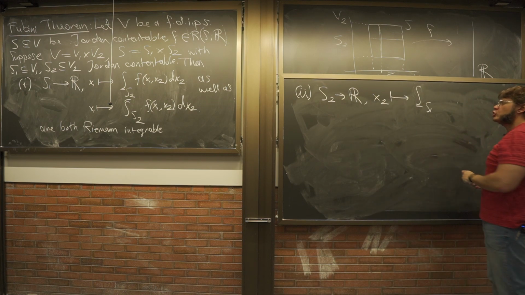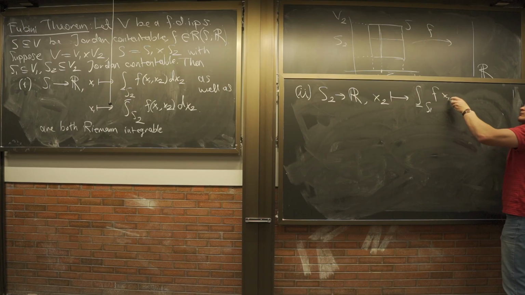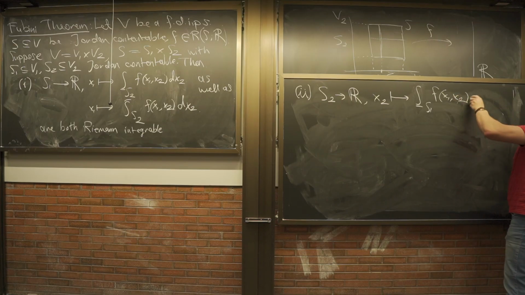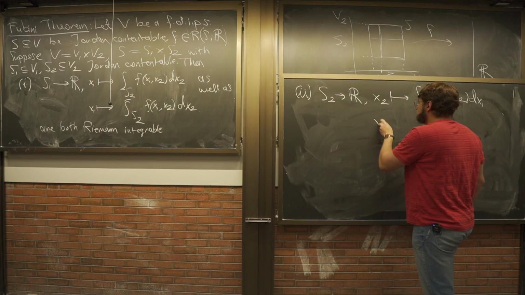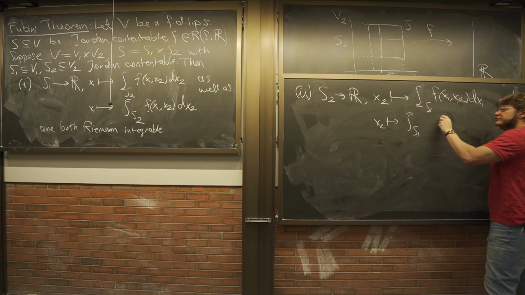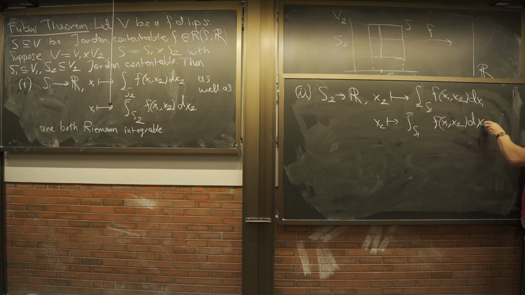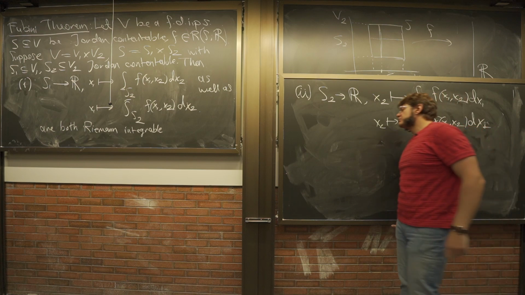The lower integral over the horizontal slice at height x2, and x2 goes to the upper integral over the horizontal slice, are Riemann integrable.